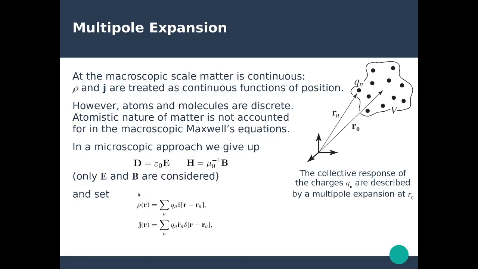We define the charge distribution and the current distribution as a discrete summation of individual charges at certain locations and with associated velocities, giving rise to currents. This is a collective response of an ensemble of individual charges, and it is described by a multipole expansion around the center of this distribution, or node.